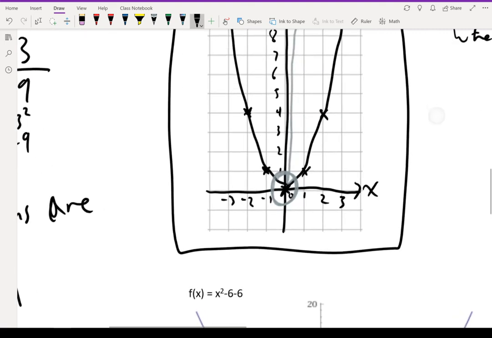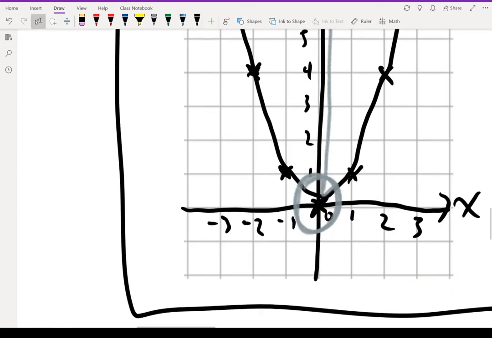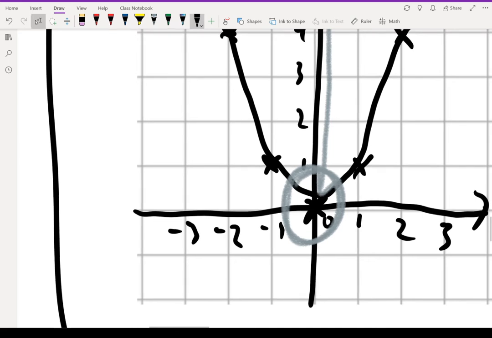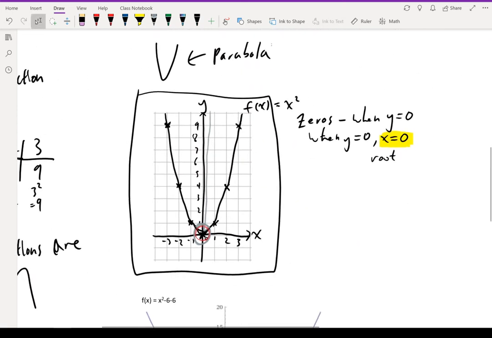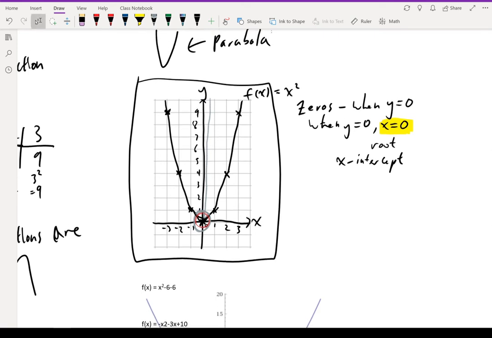So if I zoom right in over here, I know my drawing is not the best, but this actually touches at this point. It touches over there. And that's what we call the root. It is also what we call the x-intercept, because this is where the graph intercepts the x-axis.